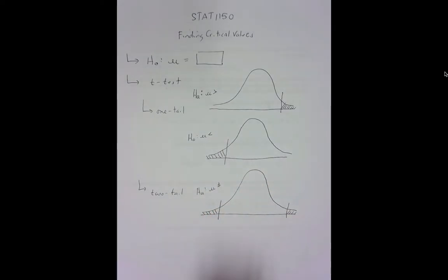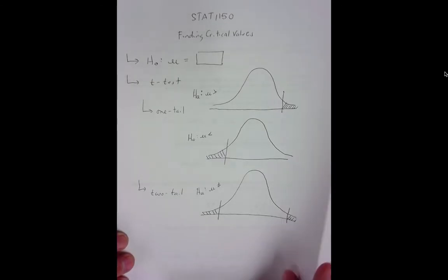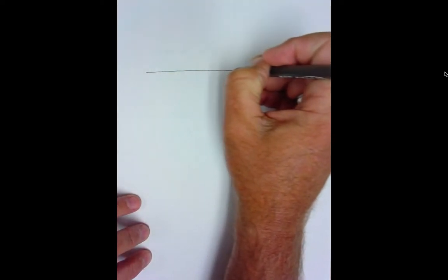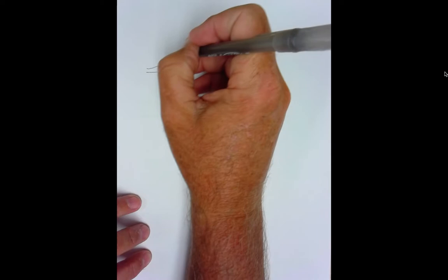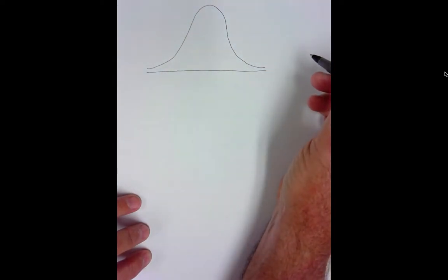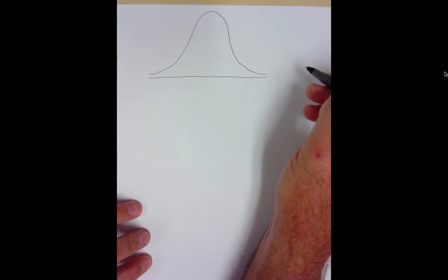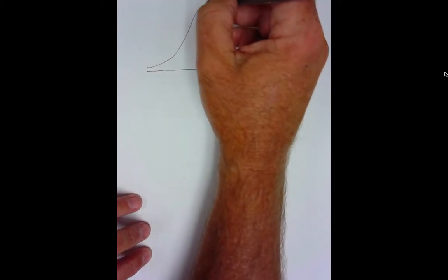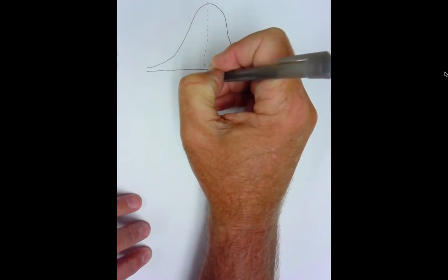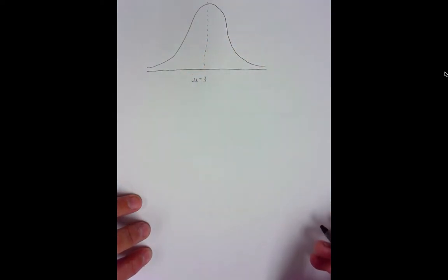Now, one of the things that's confusing to students when we start creating these critical values is what we do is we take our distribution. In the previous problem, we looked at the weight loss for subjects on the Atkins diet, and a dietitian had claimed that the average weight loss was 3 pounds.